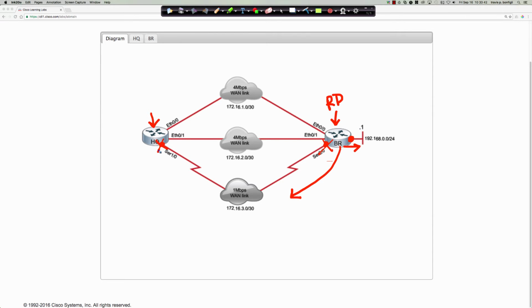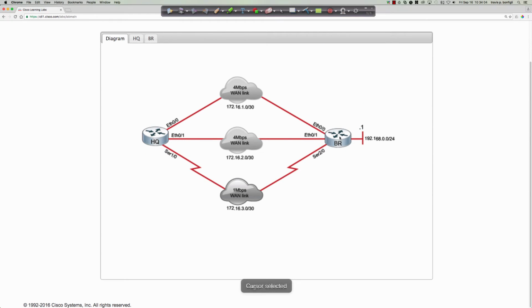So manipulating it here isn't helping the reported distance be tweaked with the HQ. Doing it here, it's not going to work. It's got to be there because the reported distance is a value the branch router is reporting, but again, it's based on the cumulative delay in the outgoing interface direction.